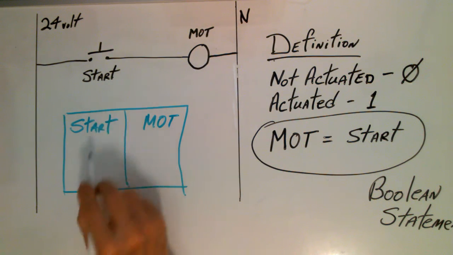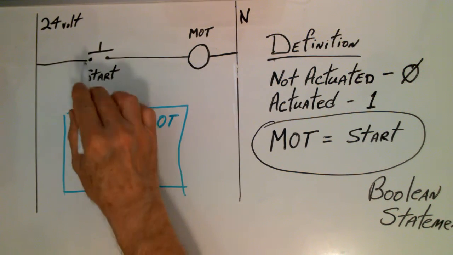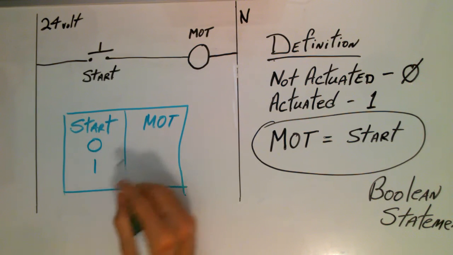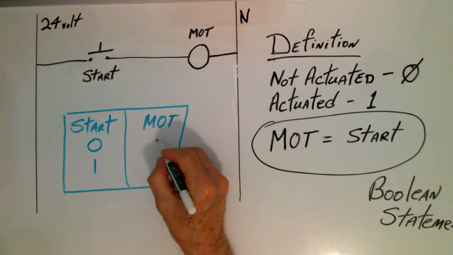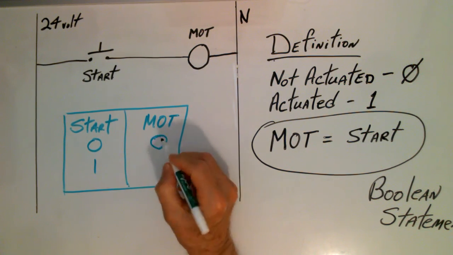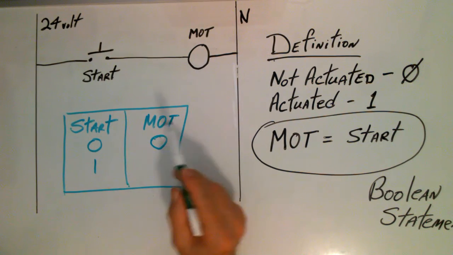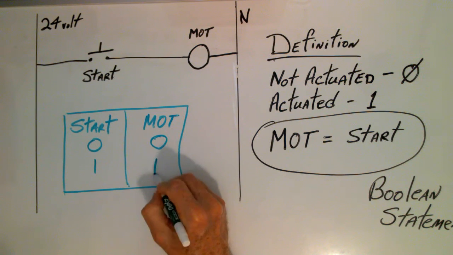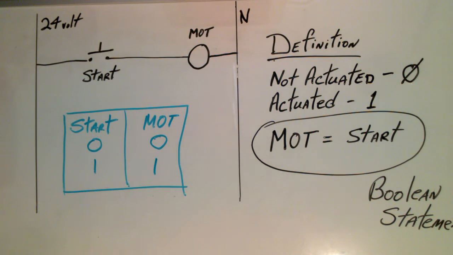So start, which is a push button, can be either a 0 or a 1. And for our circuit, the motor is a 0 when start is equal to 0, and the motor is equal to a state of 1 when start is equal to a 1. That is our truth table.